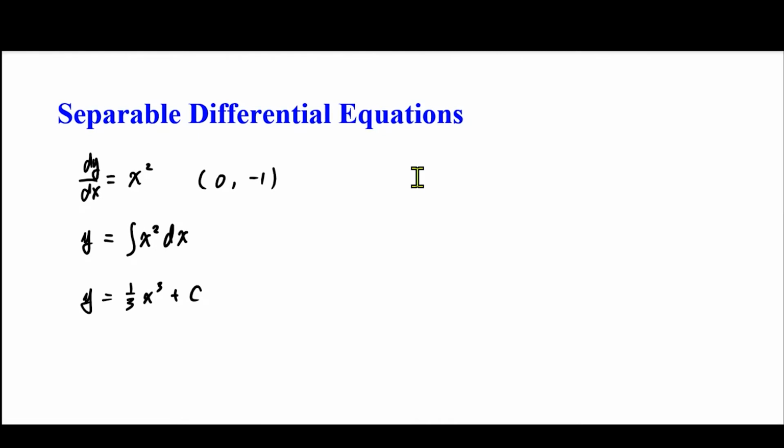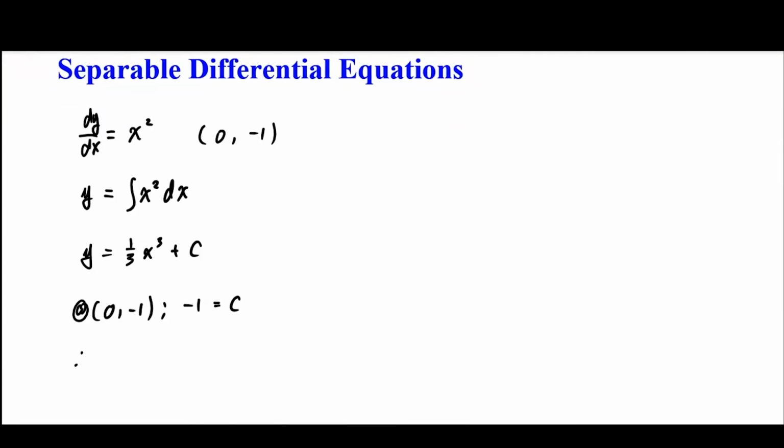Now, how do we figure out what that is? See, that's when this initial condition comes in handy, okay? So if we plug in 0, -1, what we have is y becomes -1, x is 0, so that's c. Aha, we figured out what c is, so therefore y is equal to 1/3 x squared minus 1.